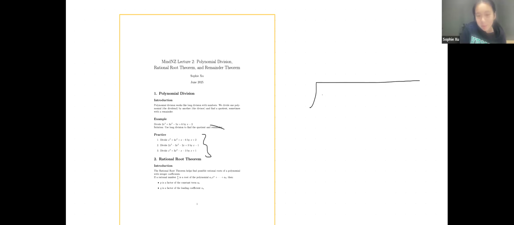Sorry, I'm writing on laptop, so my writing's going to be really ugly. x to the power of 3 plus 3x squared, oh, this reminds me of differentiation, minus 2x plus 1.